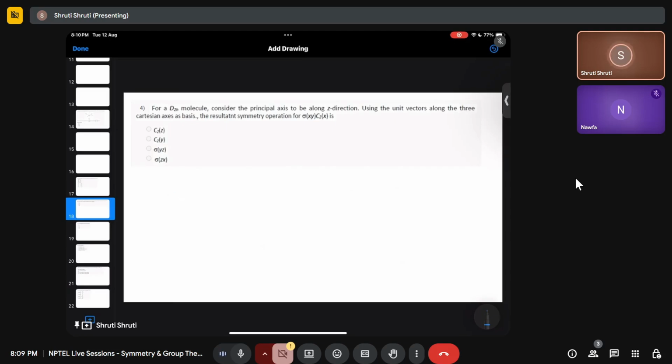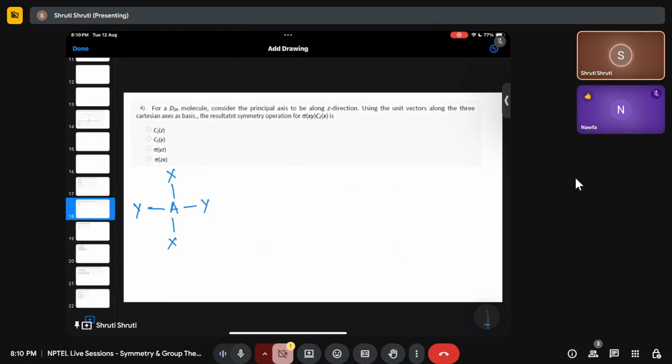A molecule which is like this will be D2h. Okay, in plane. Everything is in plane.